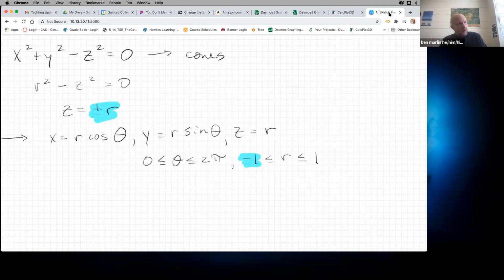If that had said x squared plus y squared minus z squared equals 15, sure, divide by 15. Voila, everything is in the standard form. It'll be a little bit of a headache solving for the x and y and z, but not that bad. When it's got a 0, though, you can't divide by 0. When you do, it screws everything up.